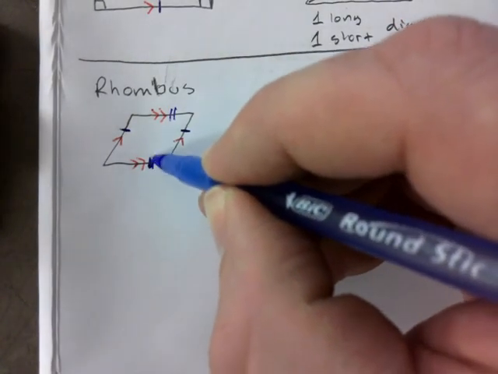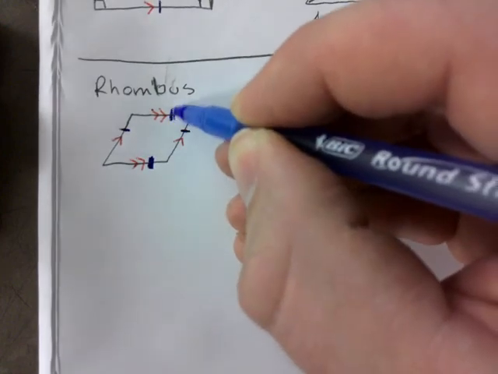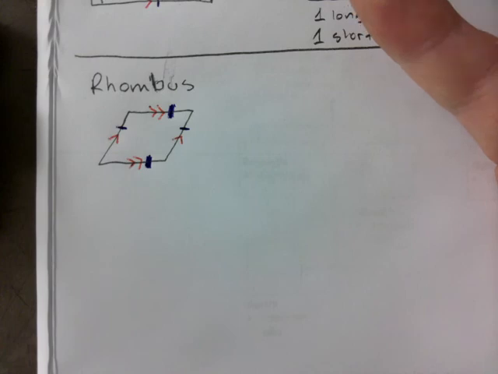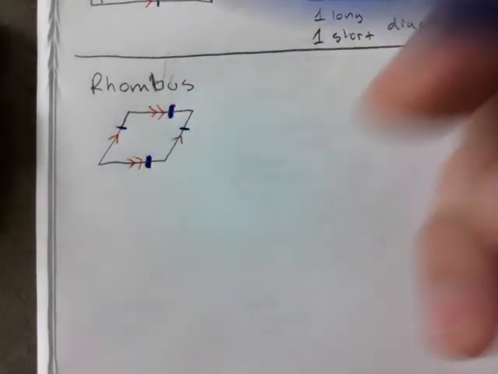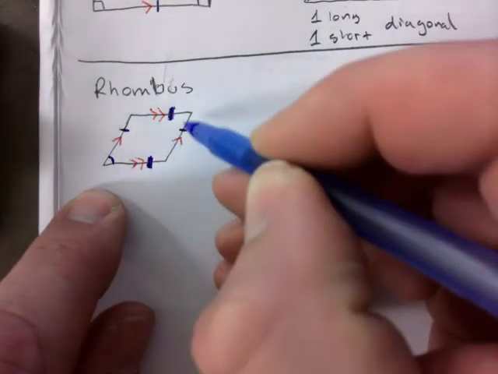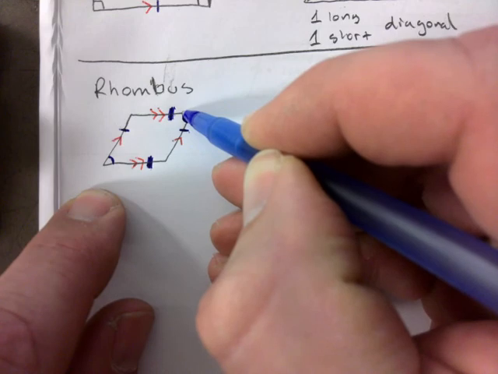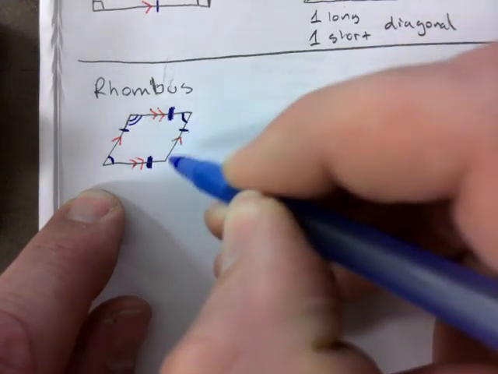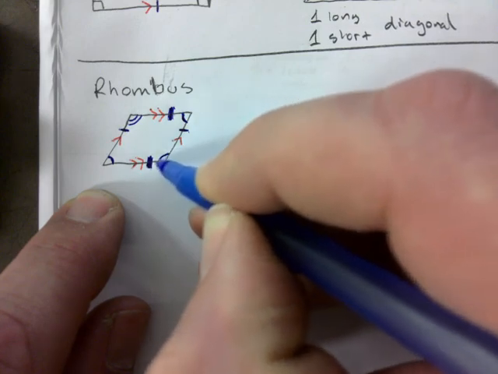Can you just make that just a 1 mark? Because all 4 sides are the same. Okay, so in that case, you go 1, 1, 1, 1 everywhere. Okay, my bad. And then this angle here is going to measure the same as that angle across from it, just like the parallelogram. This one right here will measure the same thing as this one over here.